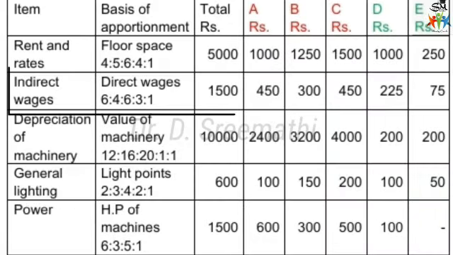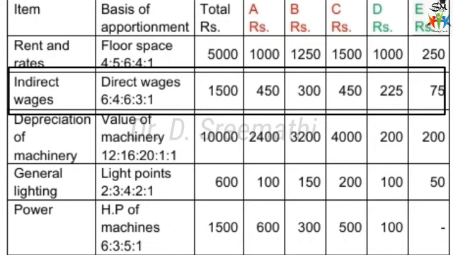The next one is indirect wages. The total indirect wages is 1,500. How should it be divided? It should be divided according to the direct wages.